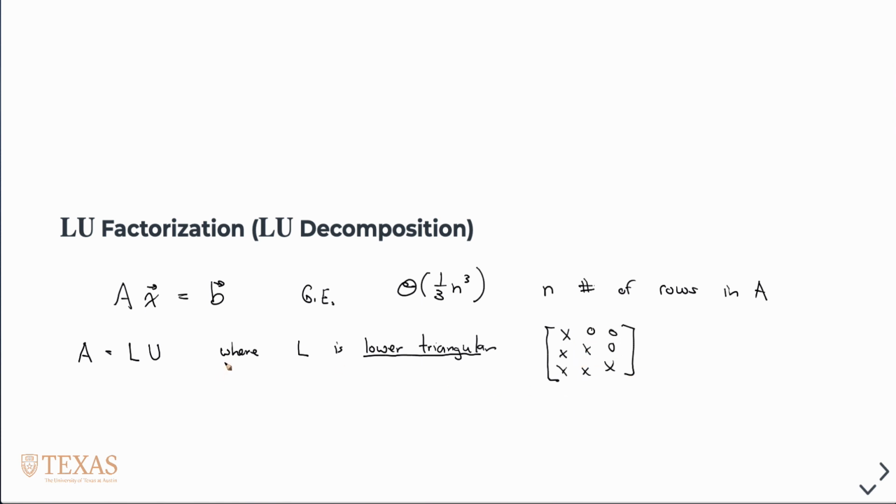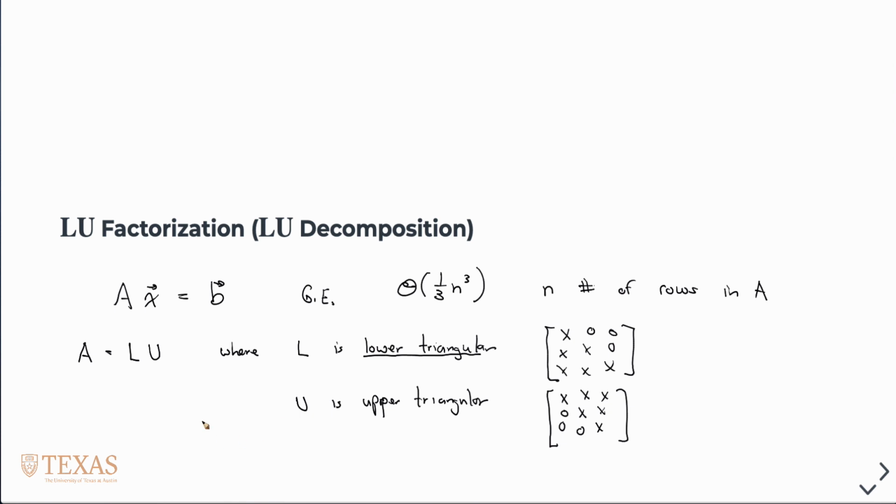So there's an example in the 3x3 case. And in this decomposition, U is upper triangular. Likewise, for an upper triangular matrix, you're going to have entries only on the diagonal and above it, and everything below it would be 0. Again, an example for the 3x3 case, but these hold for higher dimensions as well.